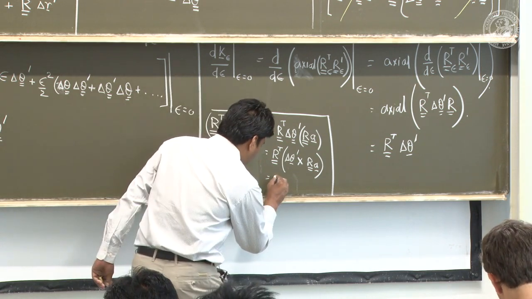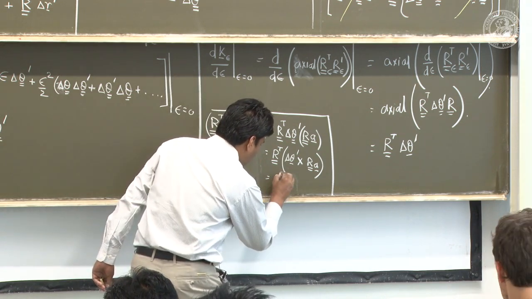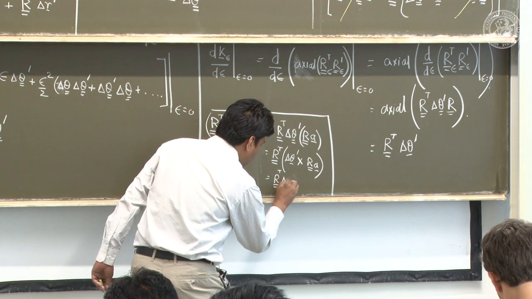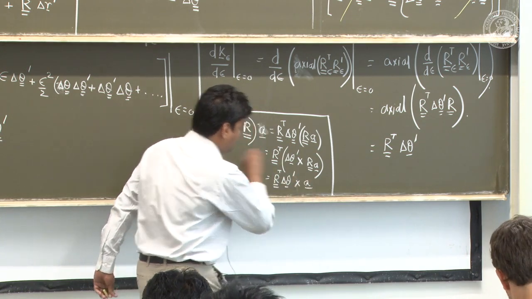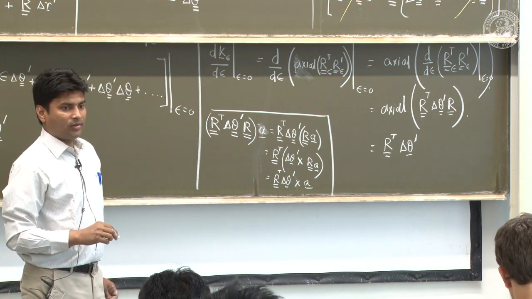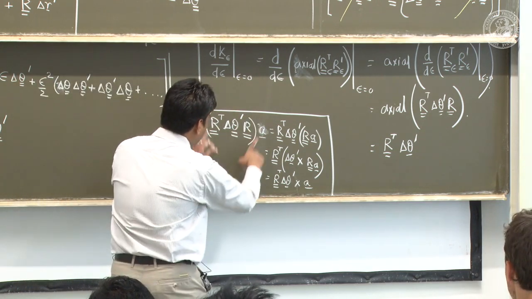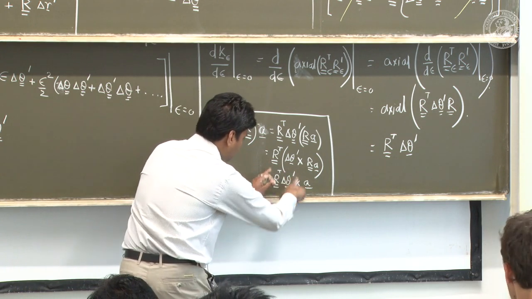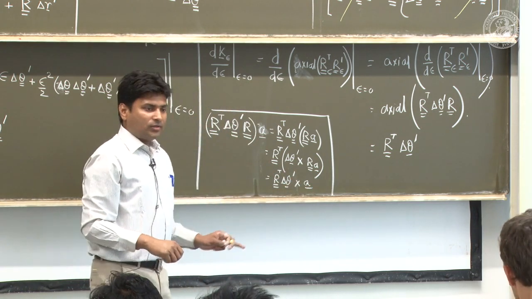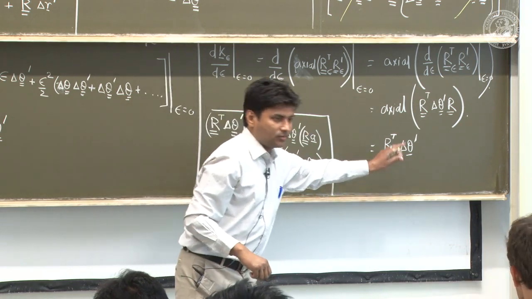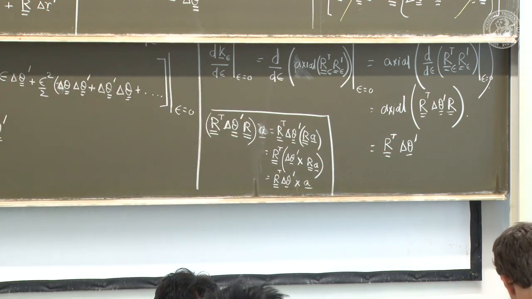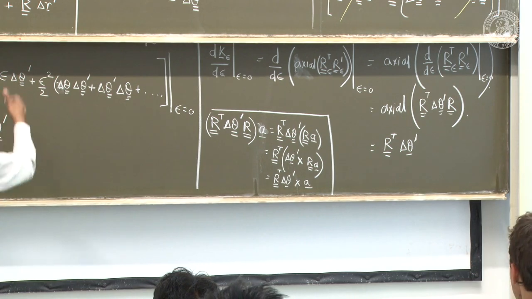So this becomes r transpose delta theta prime cross a. Okay, so you have something times a is equal to this thing cross a. So that's the axial vector which you have over here.